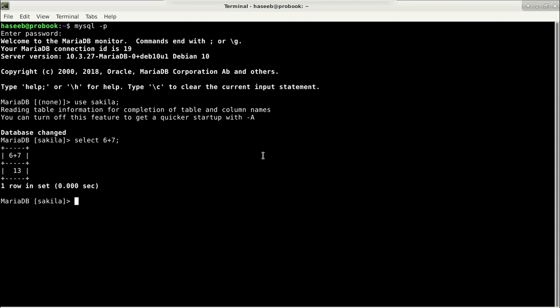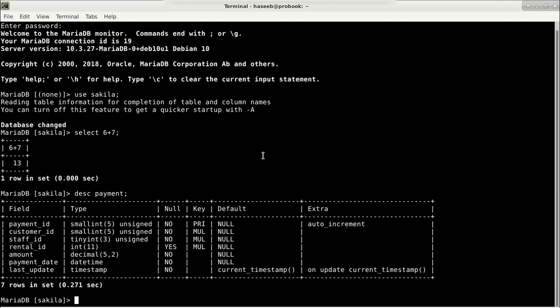For example, we have the amount field in the payment table. Describe payment. So we have the amount field in the payment table, which is a decimal field. Now let's say select amount.